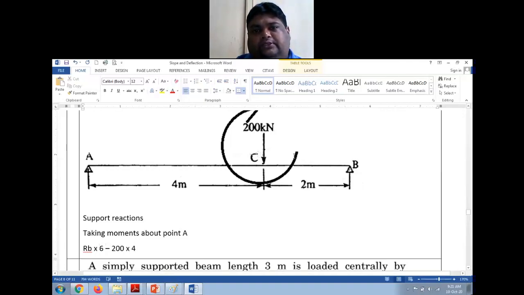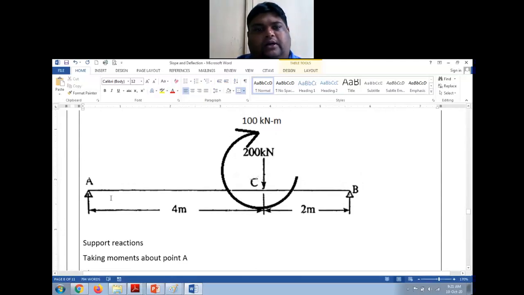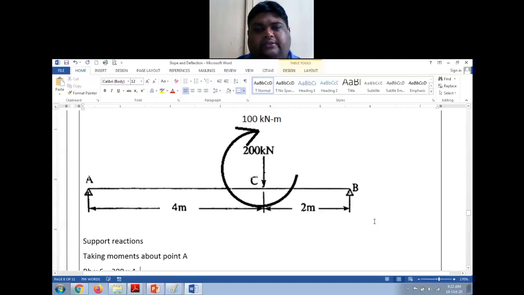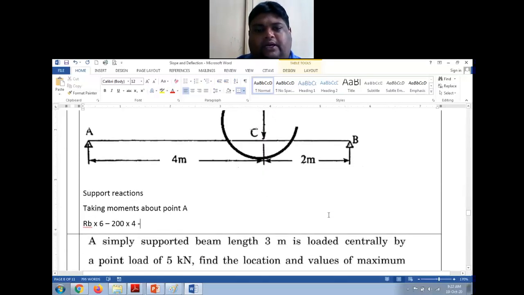Now you see this is clockwise couple on the right side of the section. Now if you see, this downward force is also making a clockwise couple. So right side clockwise is negative, so minus, this is 100 kilonewton meter, 100.